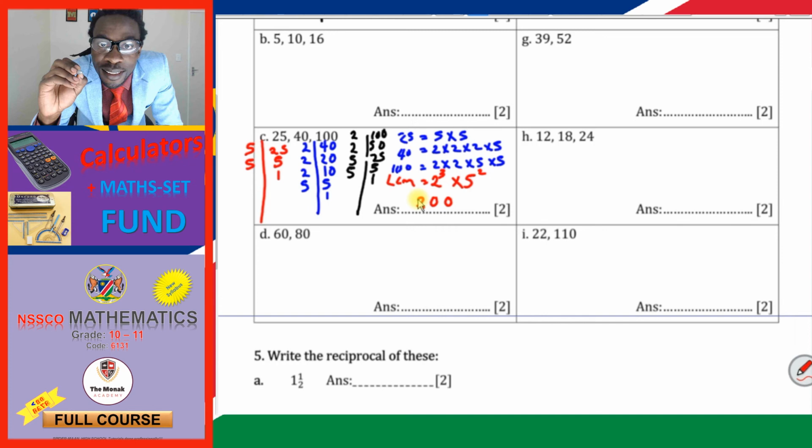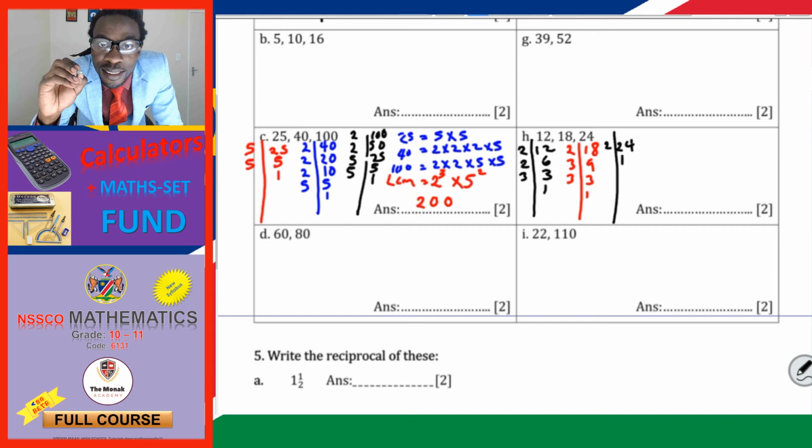Like we said, we will be generous, so we'll do one last one. We start with 12. We have 2, 6 times, 2, 3 times, 3 once. We go to 18. We start with 2, it's 9. 3, it's 3. 3, it's 1. And then we go to 24.